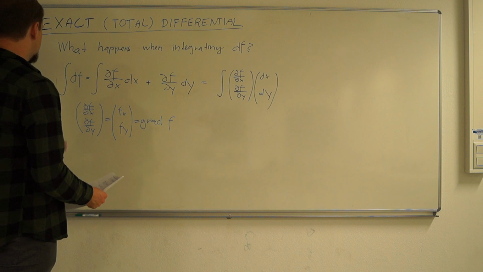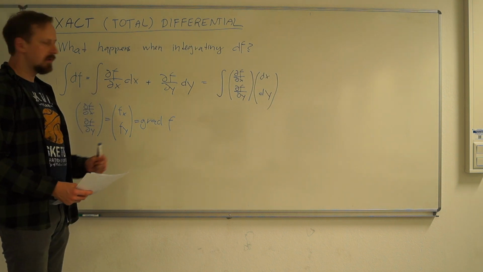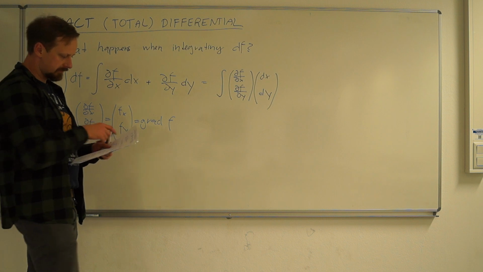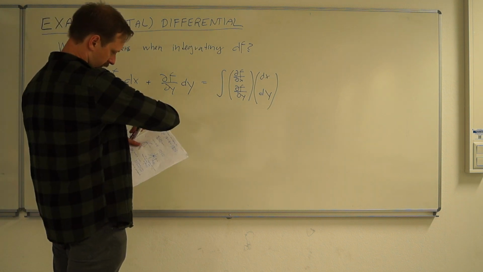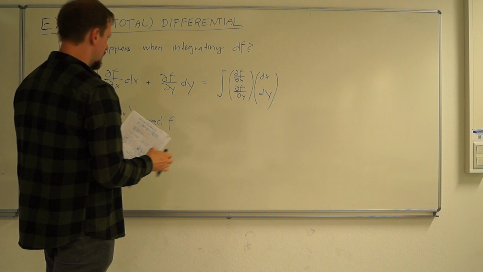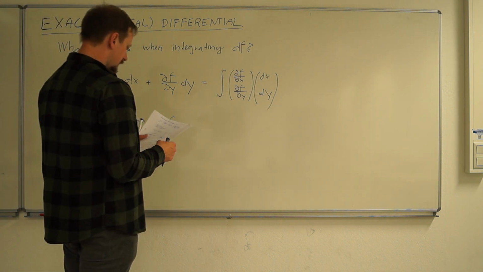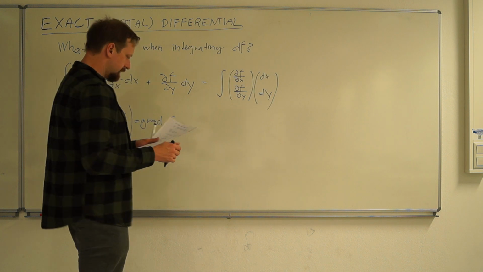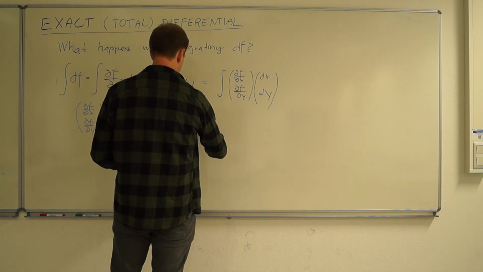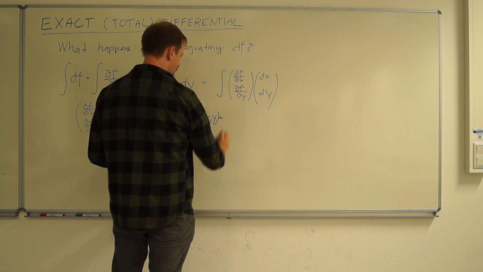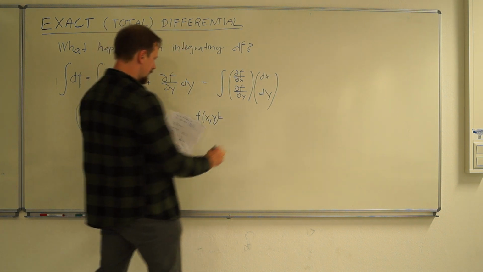So far, it's not quite clear how our integration boundaries should look. For this purpose, let's consider the function we had again in our last video, and let's call our function f of x and y.